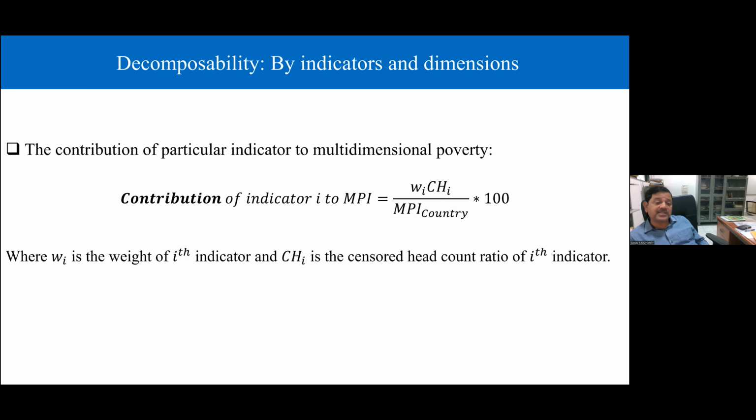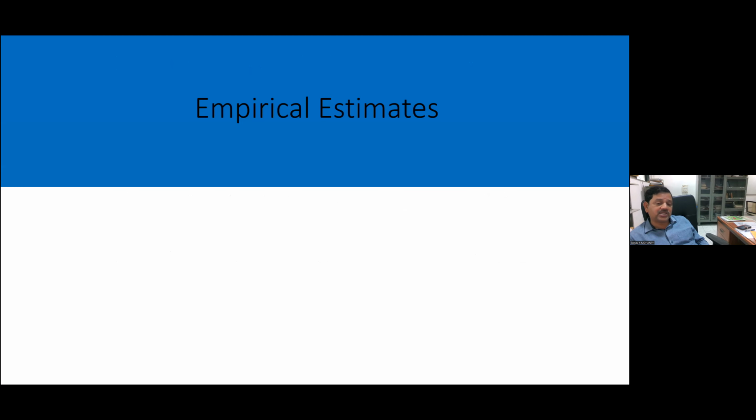That is the advantage of this concept. These are all theoretical aspects of the estimation of multidimensional poverty. Now I will take you to some of the numbers and how these numbers read for the country and for the different states of India.